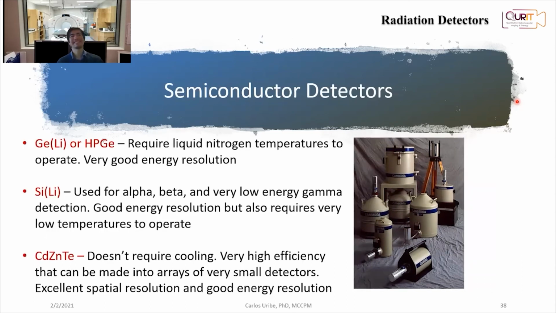These are typical materials of semiconductor detectors. Some semiconductor detectors are made of germanium, some others are made of silicon, and they're very good. It's just that they have a very big limitation: they require liquid nitrogen temperatures to operate.